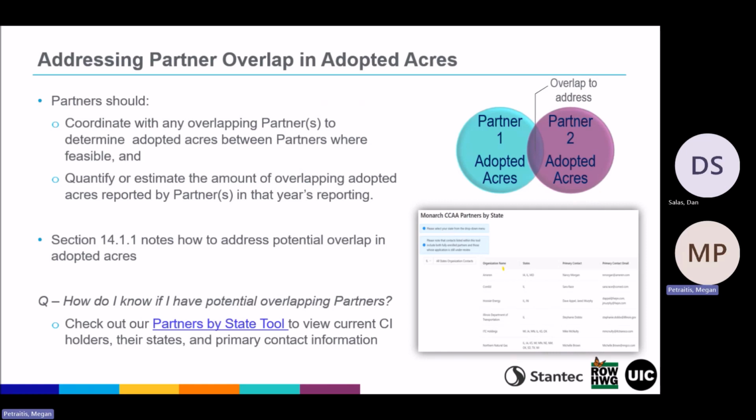If there are certain counties you both operate in and are both considering those your adopted acres and doing conservation measures in those counties, that could be fine as something to report. You could share GIS files and overlay where each other's adopted acres are. There is a section in the Monarch CCA that goes into more detail on overlapping acres in section 14.1.1 if you wanted to read more about it.